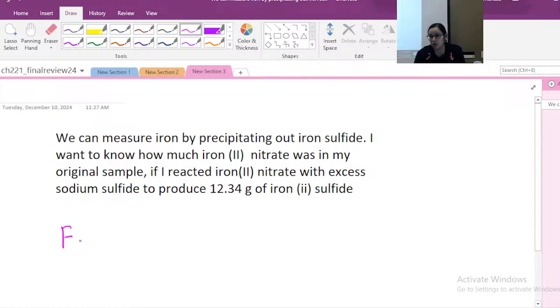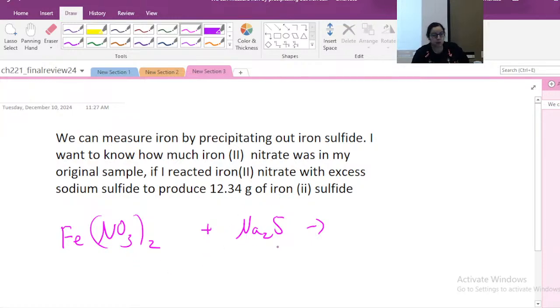So then, what's the formula for iron nitrate? Fe(NO3)2. Thank you. So Fe(NO3)2 plus, and then what's sodium sulfide's formula? Na2S. Looks good. And so then it said we're going to produce iron sulfide.